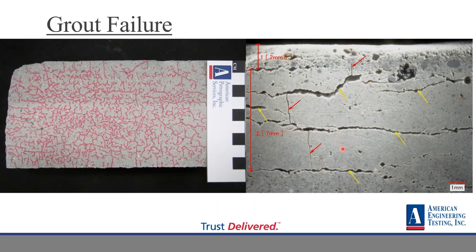So we determined that it was overwatered because of the sand segregation and the plastic shrinkage, and it was supposed to be placed in a monolithic placement, or one placement, and it was probably placed in a few lifts. That plastic shrinkage typically happens when it's drying out in a plastic state. So not good, but we were able to verify the problem and give our results to the engineering firm on site.